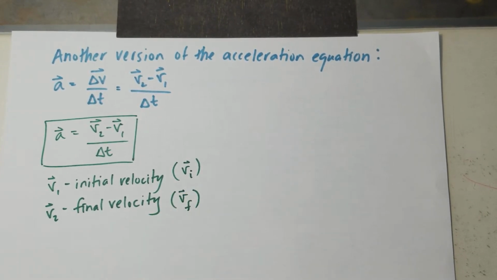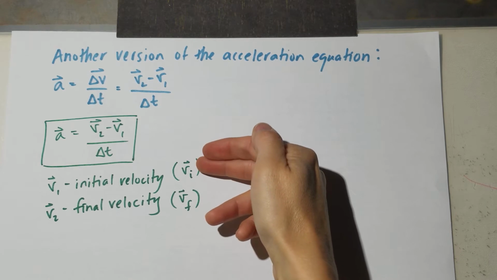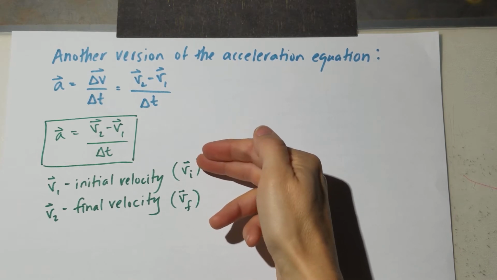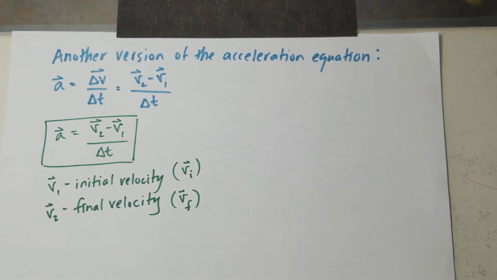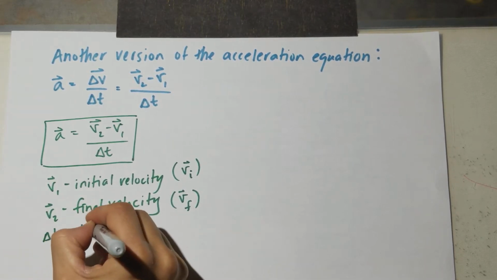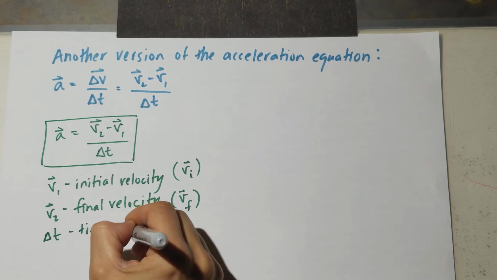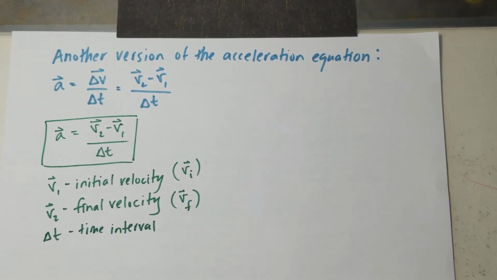The 1 and 2 just mean two different velocities at two different times. So if you use Vi and Vf, it just means the initial velocity at the beginning of the time interval, and the final velocity at the end of the time interval. Delta T still means the time interval, and acceleration is still acceleration.